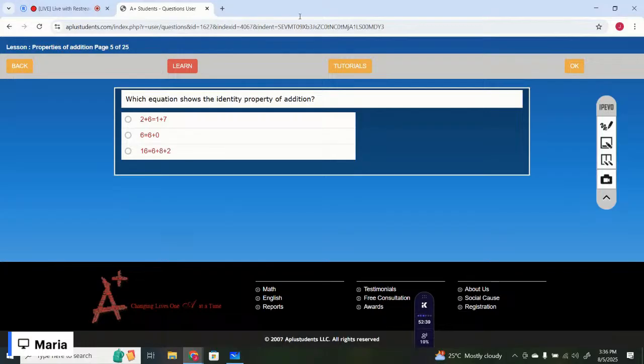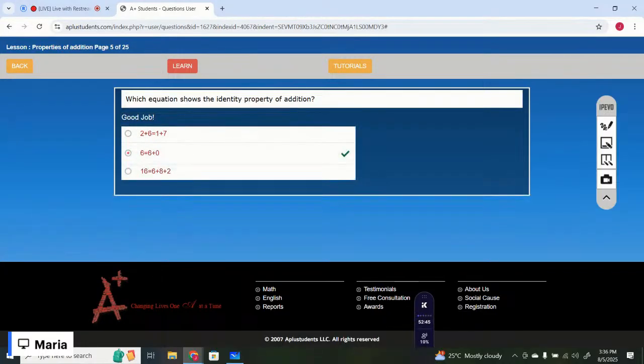Which equation shows the identity property of addition? So that is 6 equals 6 plus 0. Option number 2 is the correct option.